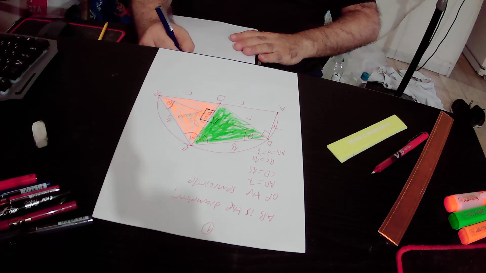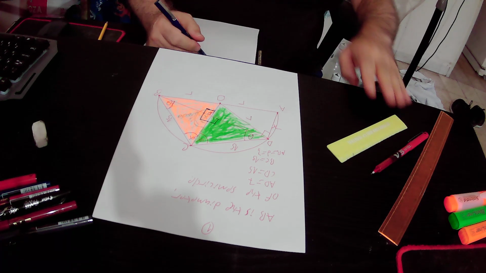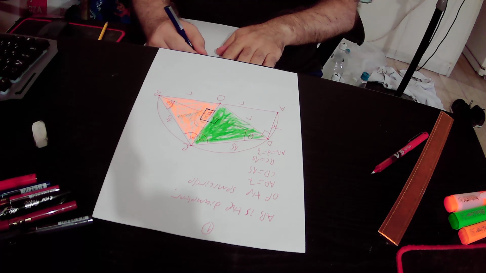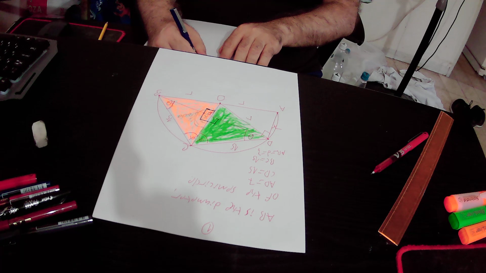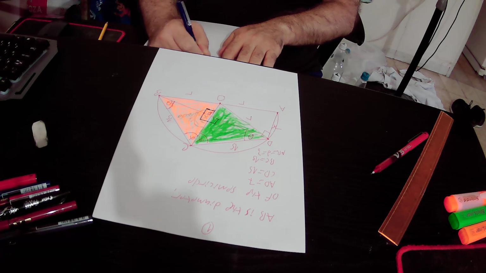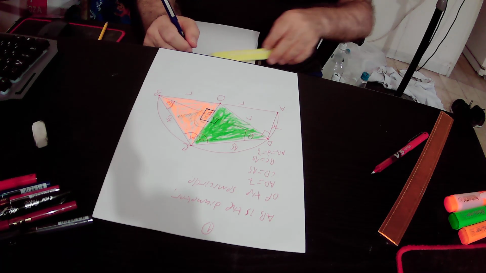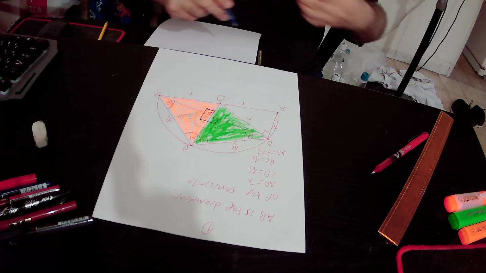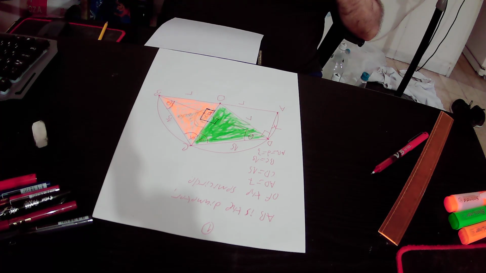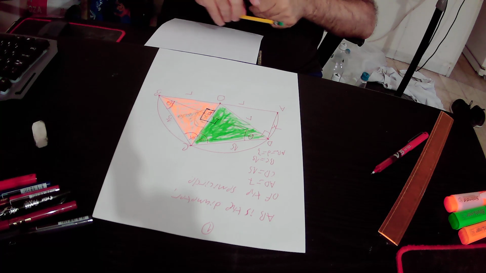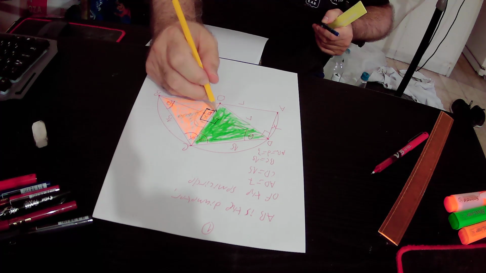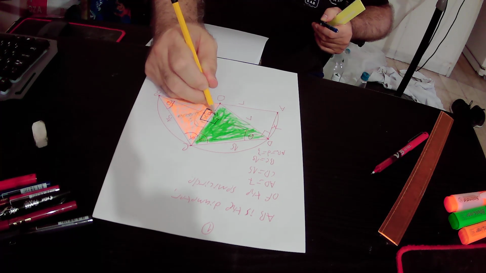Okay, so if you focus on point E, the sum of its angles must be equal to 360 degrees. Okay, and we will define the size of the fourth angle, this angle, as y.